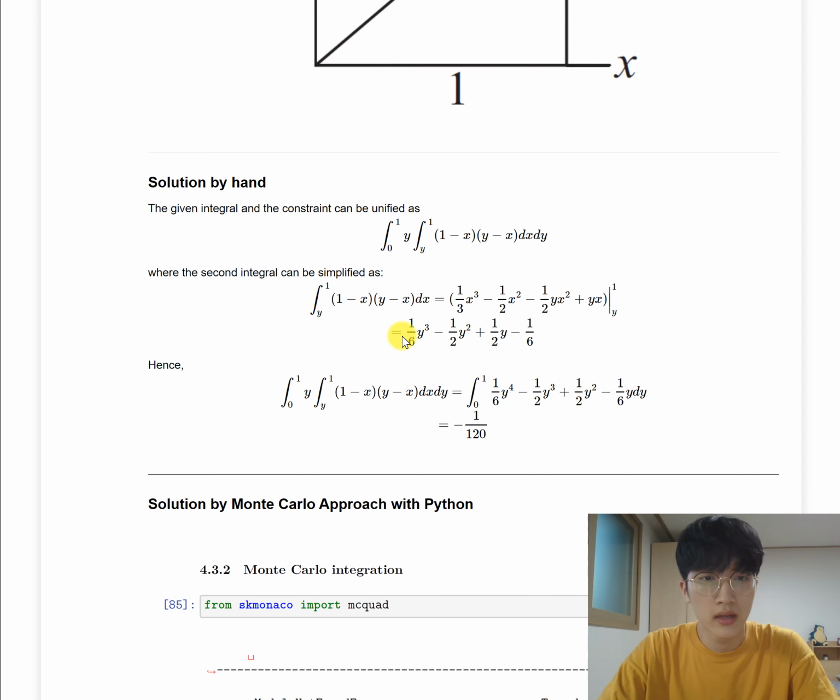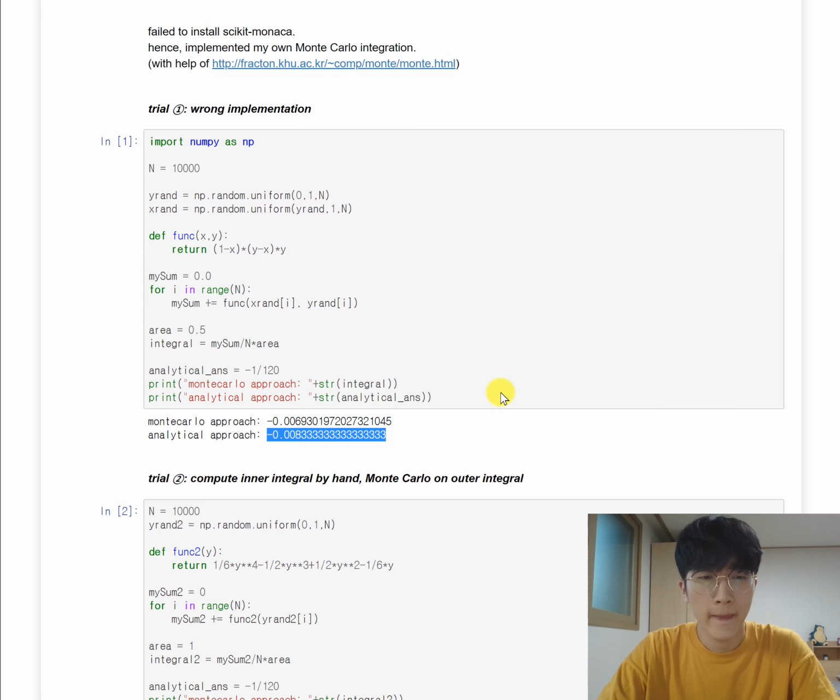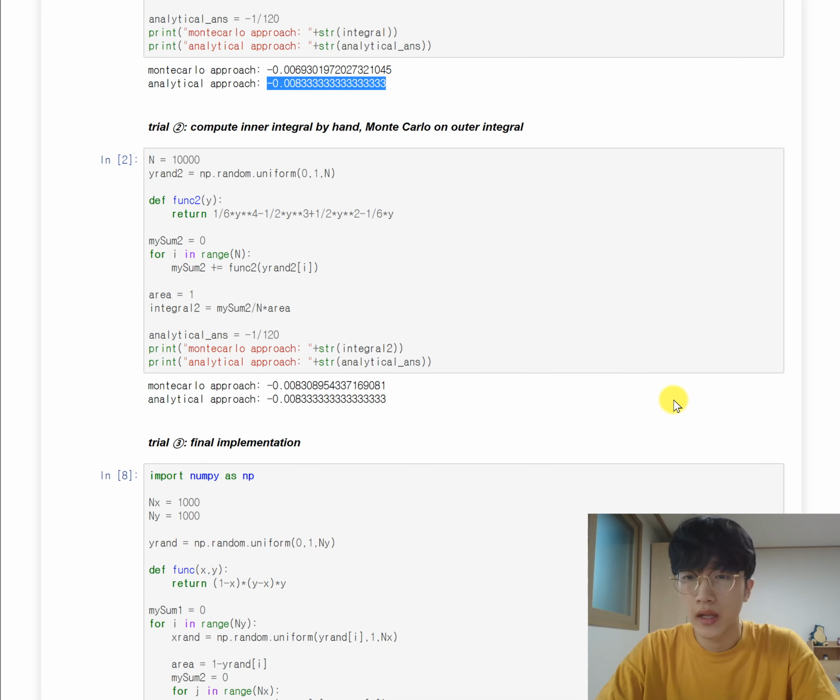So this is the corresponding value here. And Monte Carlo technique was only applied on the outer integral. Here, so this is the result, and you can see that the result is very close to the analytical solution.